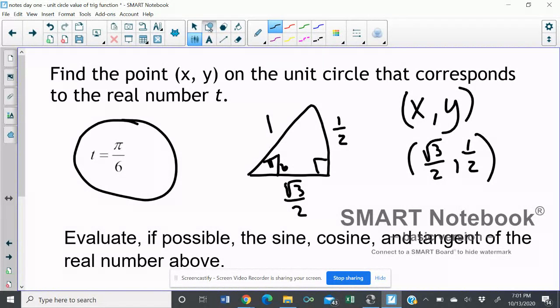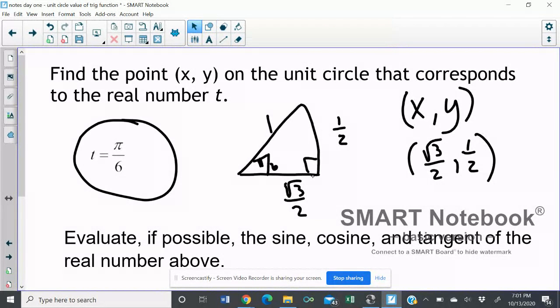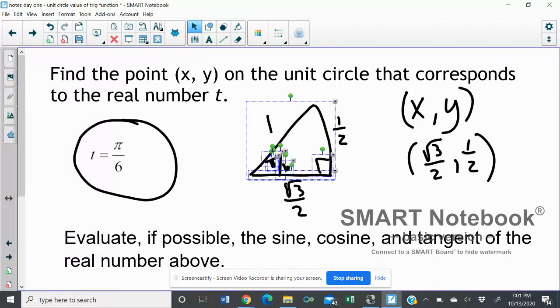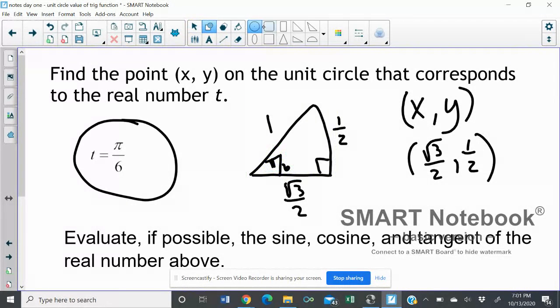If I was to make a circle, starting here, oops, lost it. Bad place to put the circle. Let me redo that. Circle should start from here.